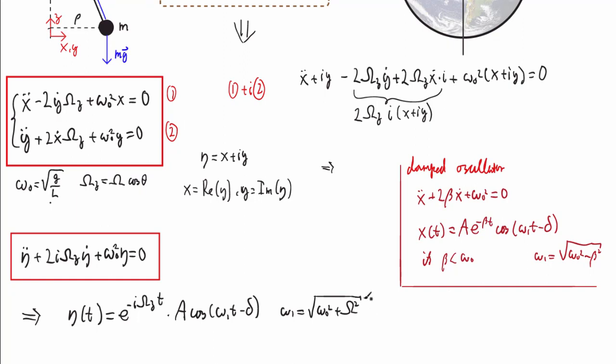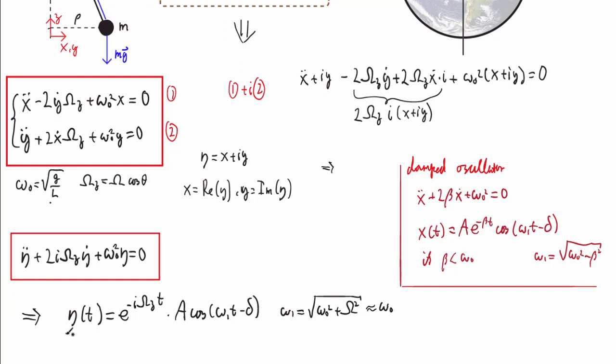There's a plus sign there as opposed to a minus sign because we have this i here, which when squared gives you a minus 1. Now, capital omega squared is much smaller than omega naught squared. The period 2 pi over omega naught is on the order of a few seconds, whereas the period corresponding to capital omega is 24 hours. So omega 1 is approximately equal to omega naught, and we'll just use that from now on.